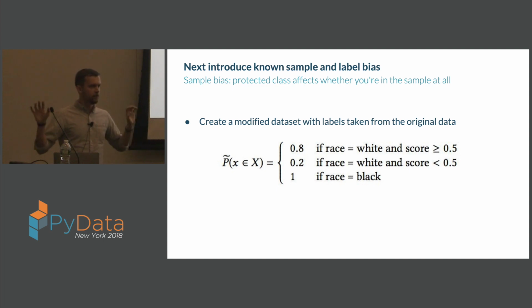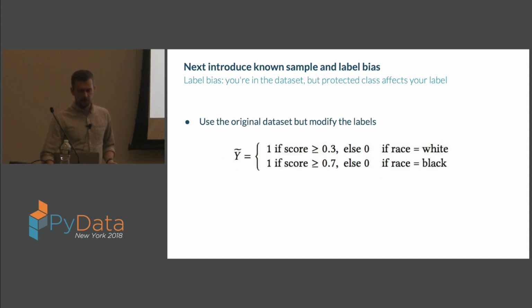So in these two different worlds, we sampled from the subpopulation differentially based on score thresholds and race assignments. To introduce sample bias, we preferentially sampled white people with high scores and sampled at a lower rate white people with low scores, and then sampled black people uniformly. So this is injecting some known sample bias into these data sets that we're going to use to train some models.